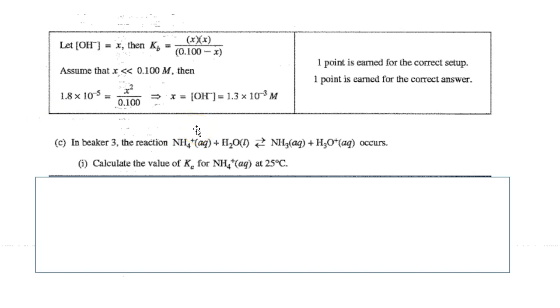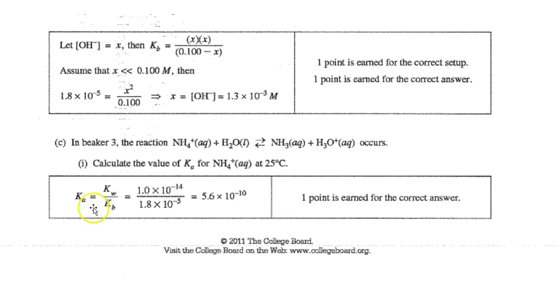And they always multiply through to 10 to the minus 14th, so we'll just take our Kb that they gave us above and take 10 to the minus 14th and divide it by that, and the rest is your Ka. I hope that made sense. Ka times Kb equals 10 to the minus 14th, and you know the Kb. So the Ka of this weak acid is 5.6 times 10 to the minus 10th.